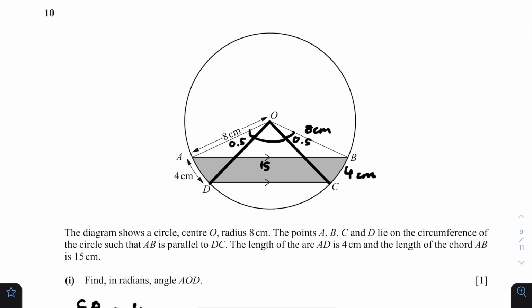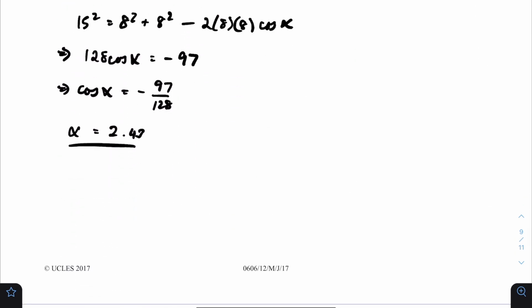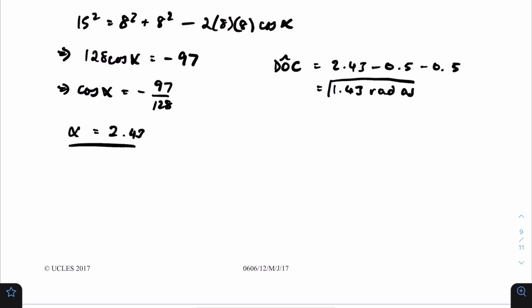So DOC is equal to alpha minus 0.5 minus 0.5, which is 2.43 minus 0.5 minus 0.5. And this is equal to 1.43 radians, as required by the question.